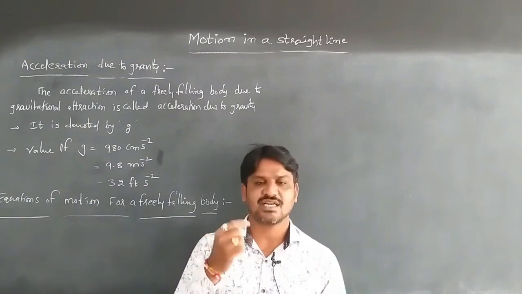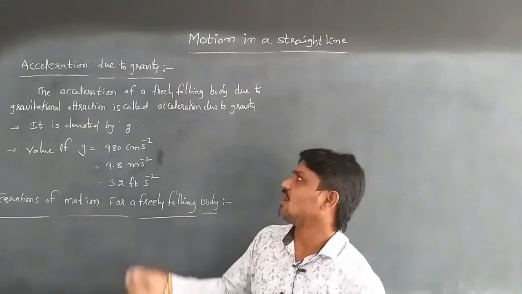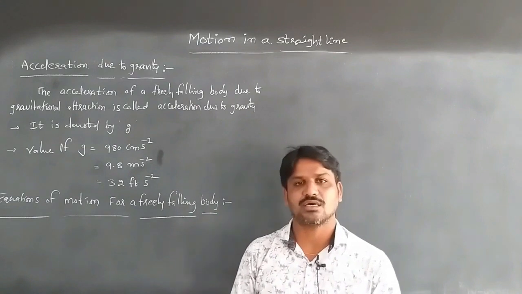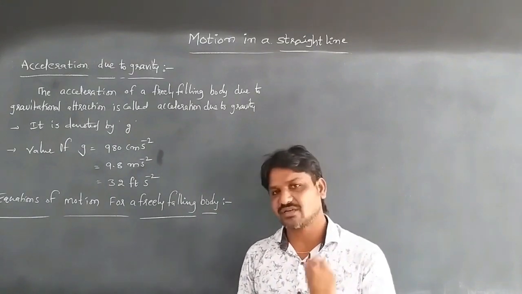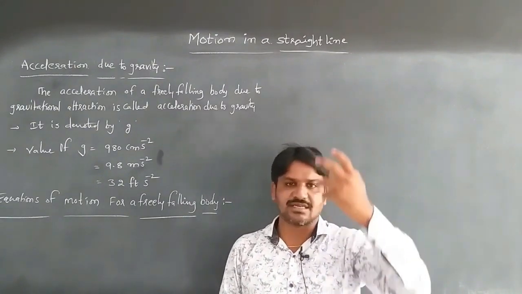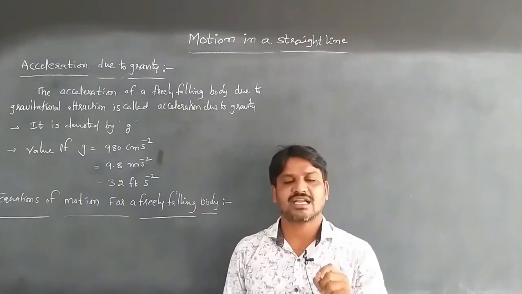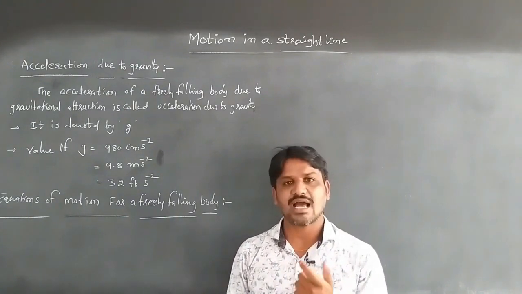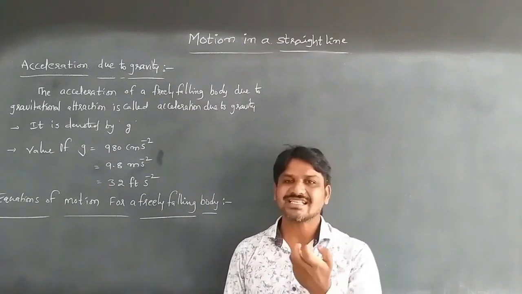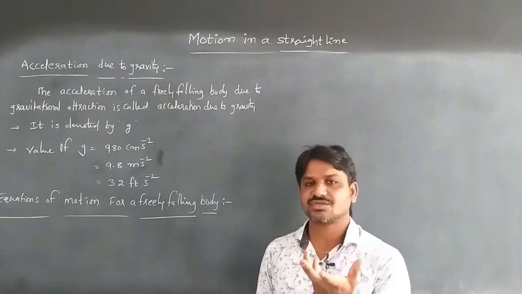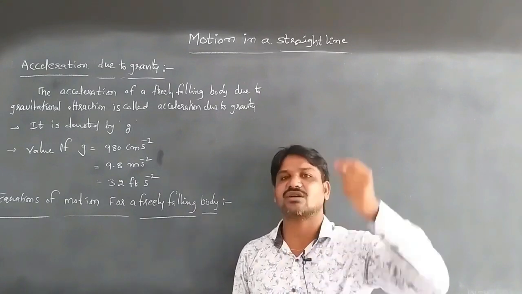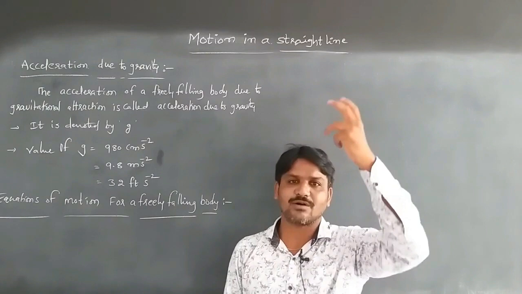The acceleration of a freely falling body due to gravitational attraction is called acceleration due to gravity, because the velocity keeps increasing whenever the body falls freely from a certain height.